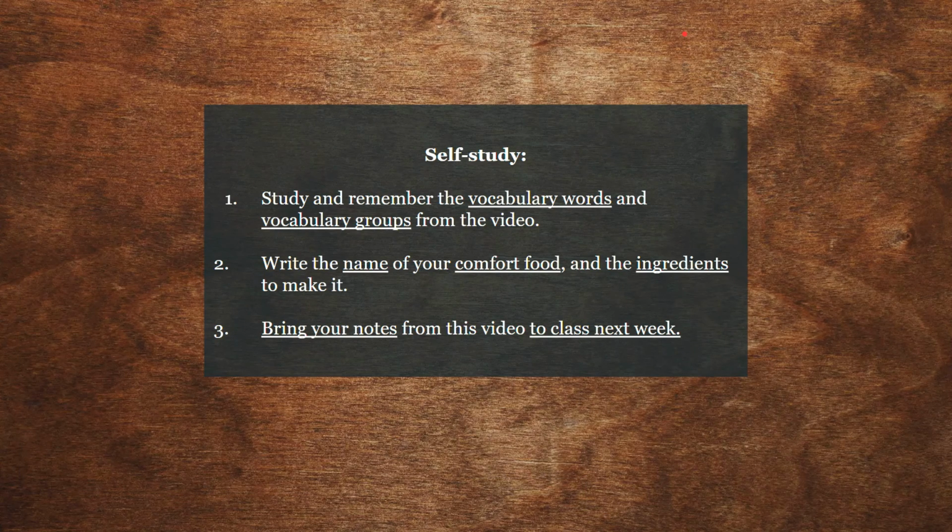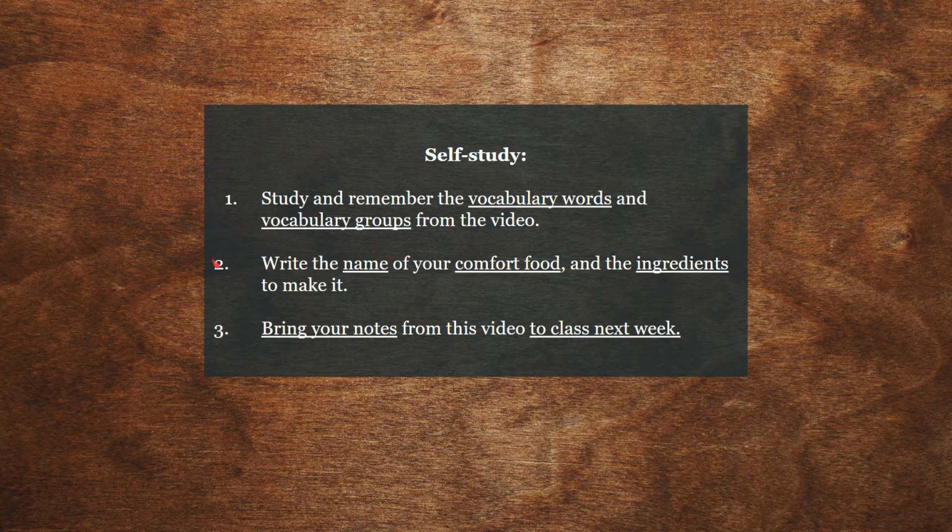For homework this week, it is self-study, but I highly recommend, I want you to take these notes because we will continue to write a recipe next class. So for homework, please, number 1, study and remember the vocabulary words and vocabulary groups from the video.